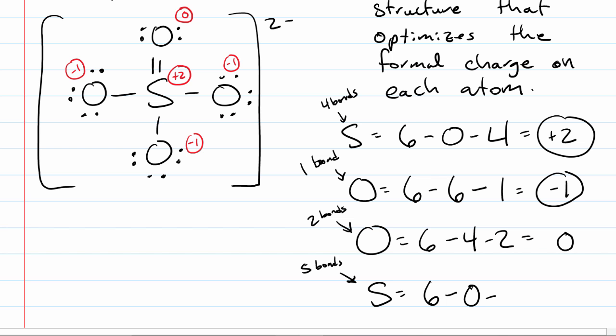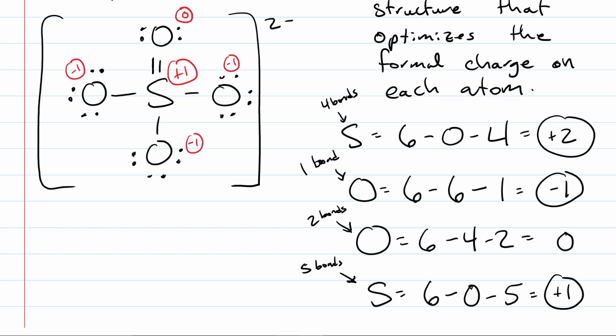And how many bonding pair electrons are there altogether? 10. There's 10 bonding electrons altogether. 1/2 of 10 is 5, and this now becomes +1. So now we've reduced the +2 down to a +1. This is better than it was before because these values are now closer to 0.